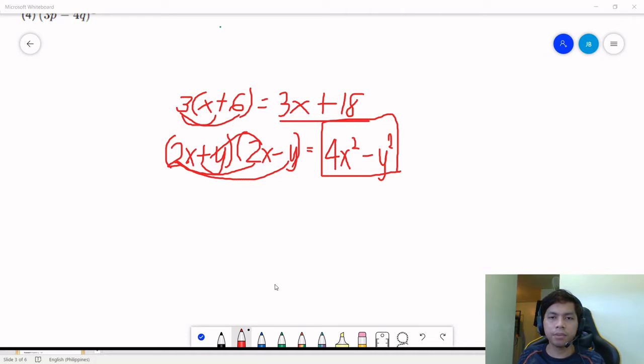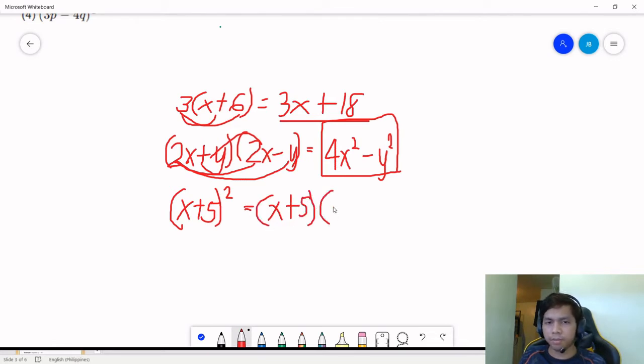Next, the square of a sum. For example, x plus 5 squared. Actually, this is just equivalent to x plus 5 multiplied by x plus 5. That's why it's called the square of a sum.